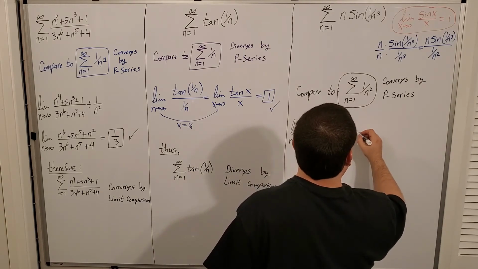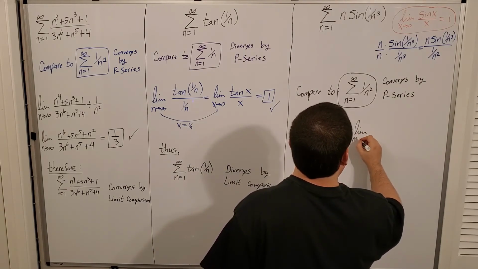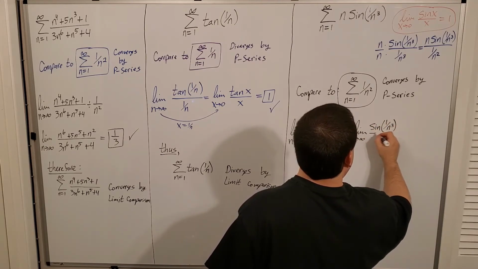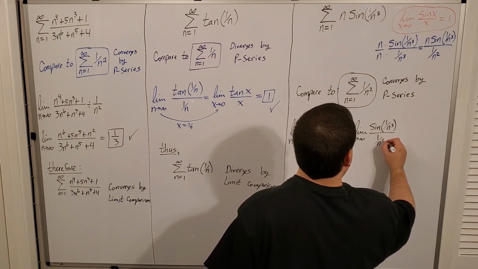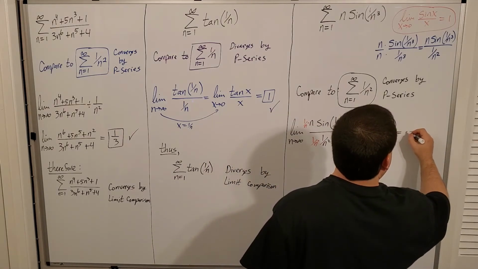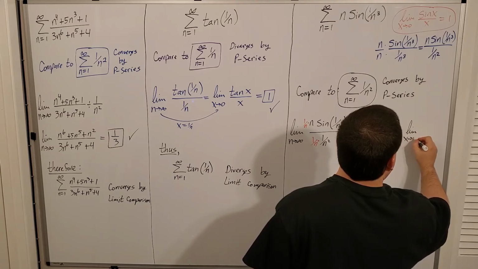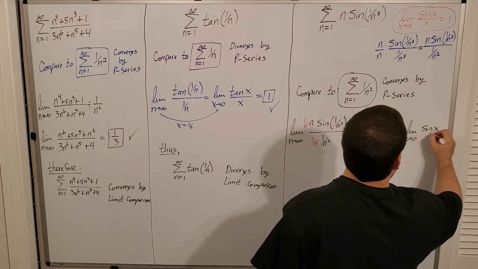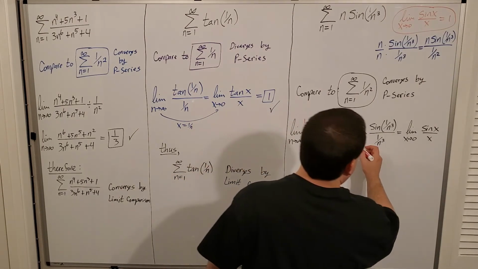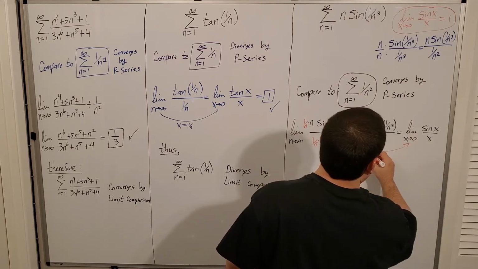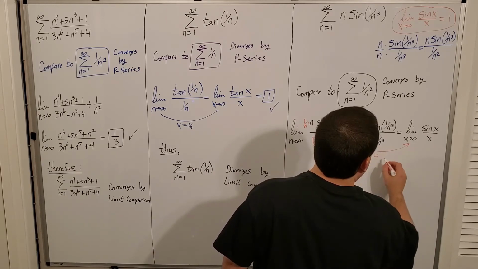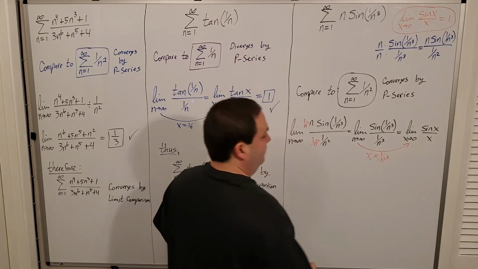Okay, so then I have the limit as n goes to infinity of sine of 1 over n cubed over 1 over n cubed. Now that these two match, I can turn this into the limit as x goes to 0 of sine x over x, where the way I'm connecting these two from here to here is I'm letting x equal to 1 over n cubed.